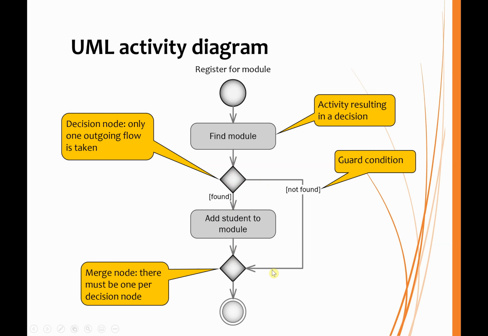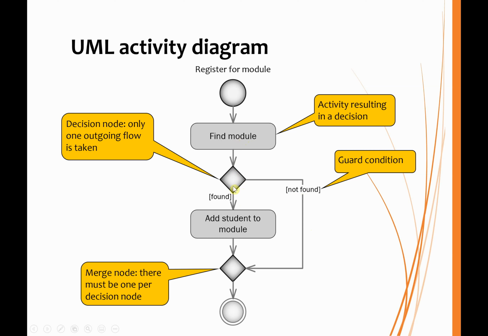There are multiple routes in and only one route out. Now, in this decision node, there are 2 possible outcomes, and we label the paths out with these guard conditions. In other words, conditions.